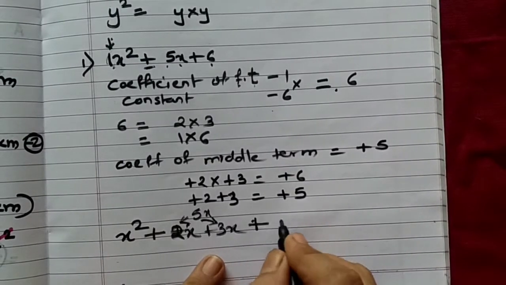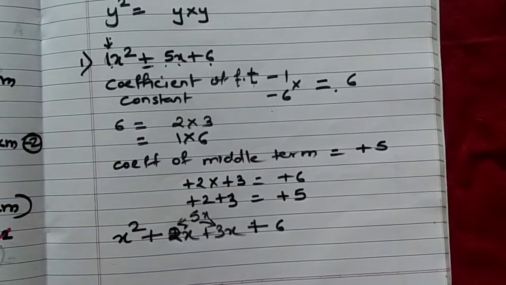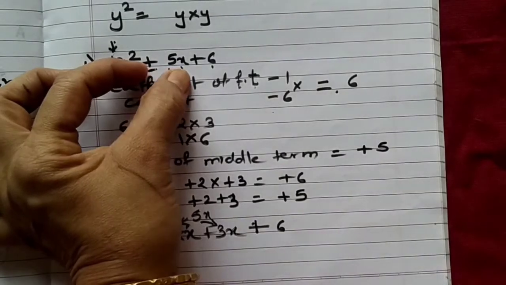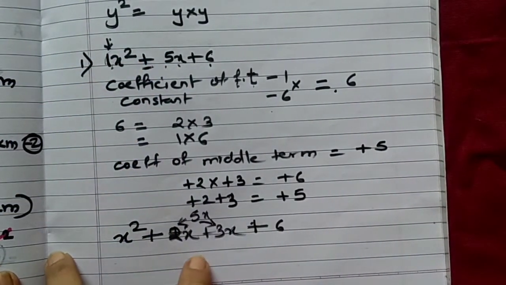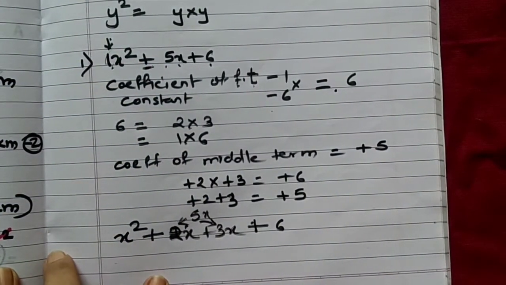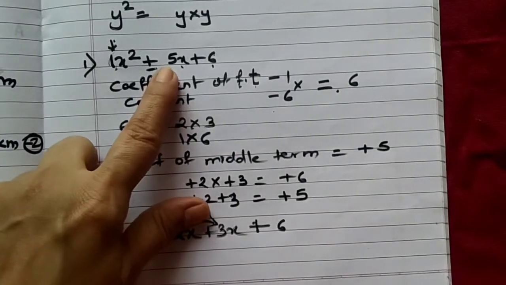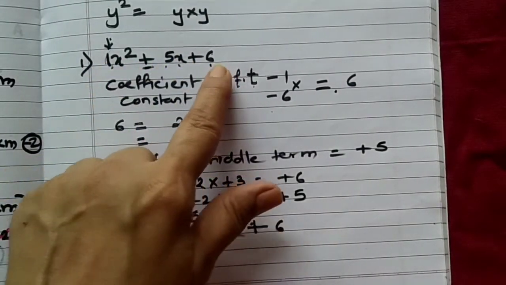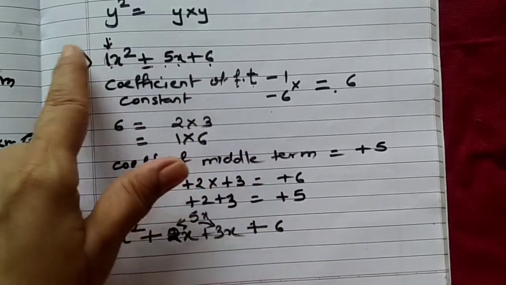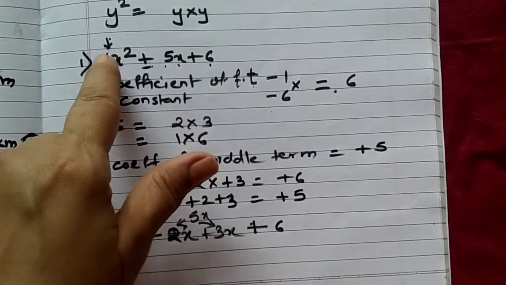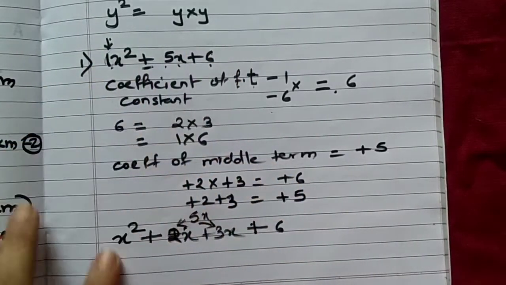And then the last term is 6. So the middle term has to be divided into two such terms that their addition will be the middle term and their multiplication will be the coefficient of the first term into the last term.